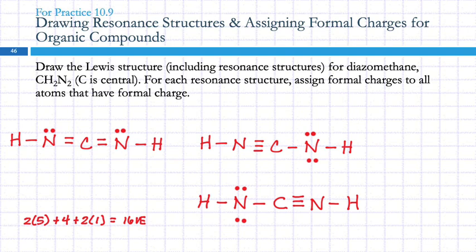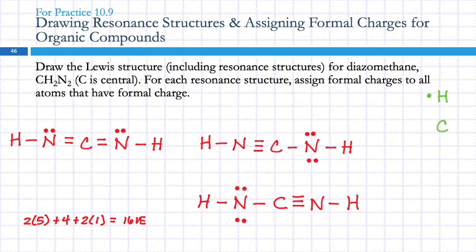Yeah, it could. So over here, I am just going to look at the Lewis structures for these elements. So there's hydrogen. Hydrogen has 1 valence electron.